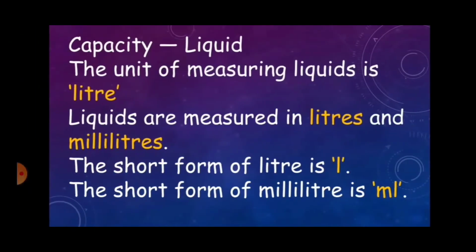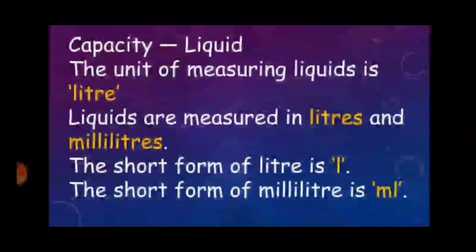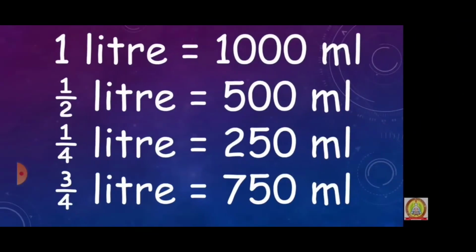The unit of measuring liquids is liters. The short form of liters is L, small letter L. Liquids are measured in liters and milliliters. The measures which are less than a liter are measured in milliliters, and the short form of milliliter is ml.